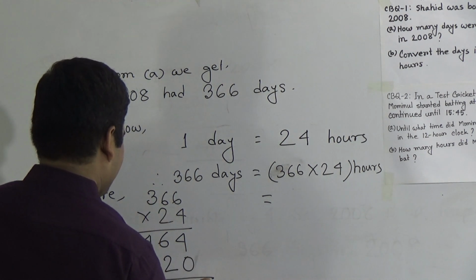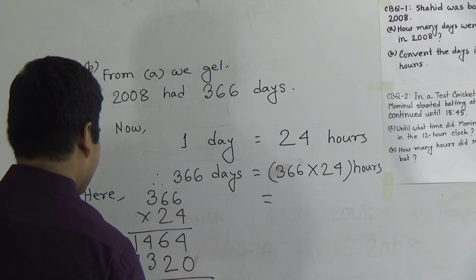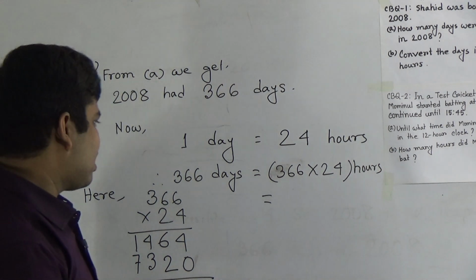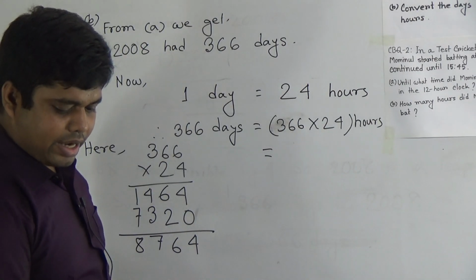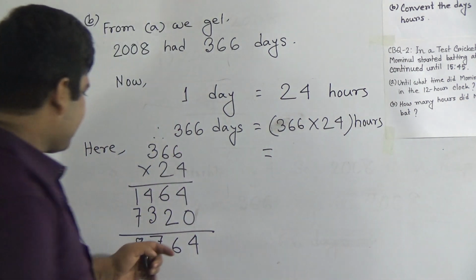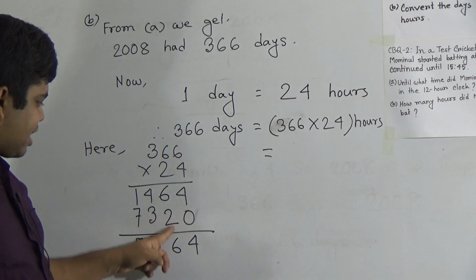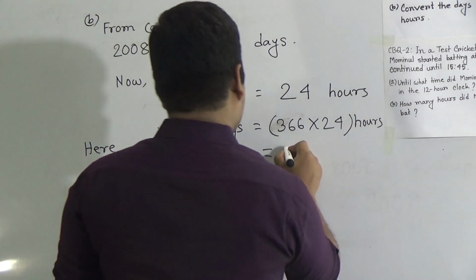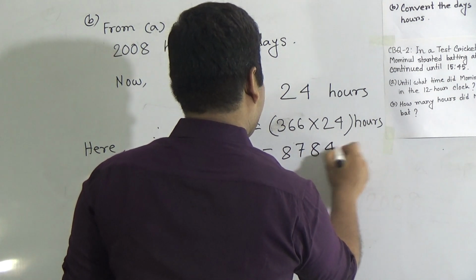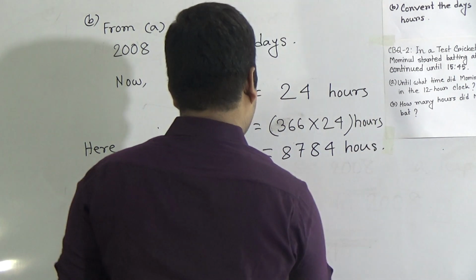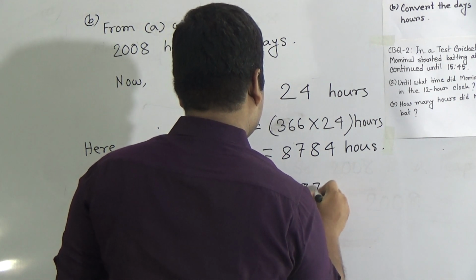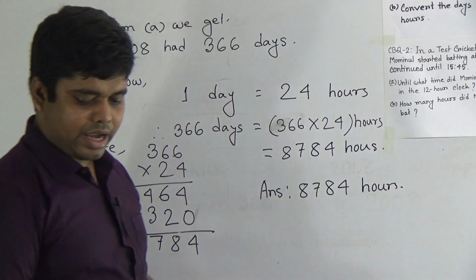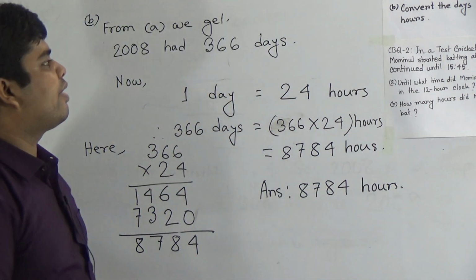So now we add 1464 and 7320. Sorry, if we add 4 and 0 we get 4. 8784 hours is the required answer.